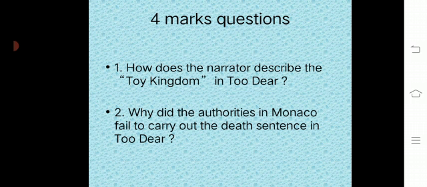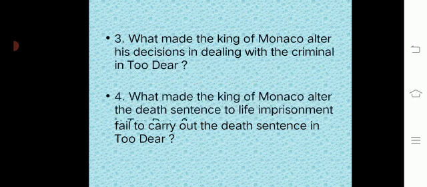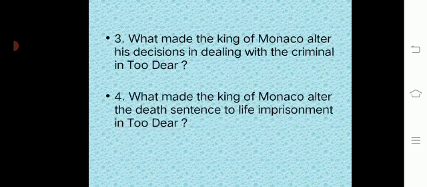Question number 2. Why did the authorities in Monaco fail to carry out the death sentence in Unit 2? Question number 3.